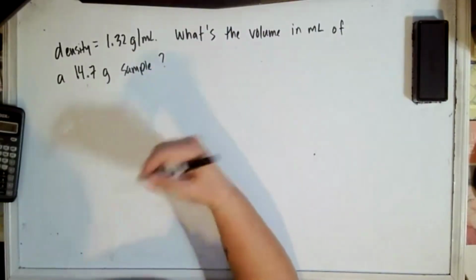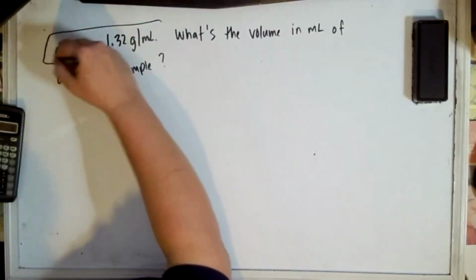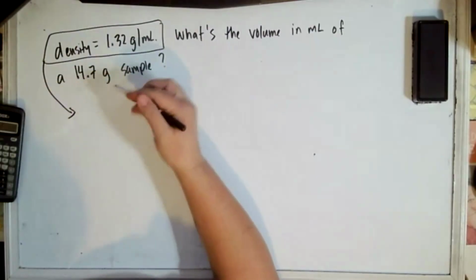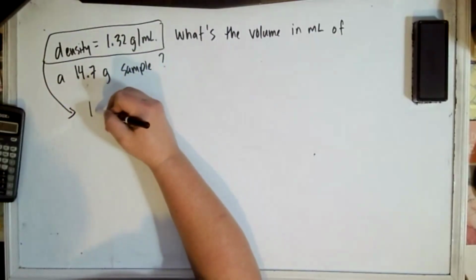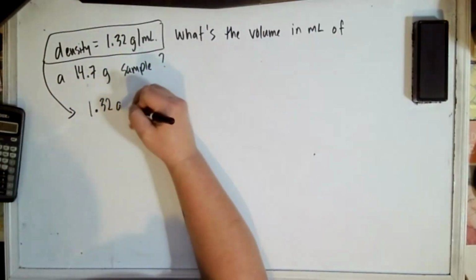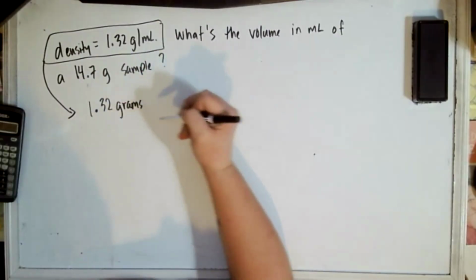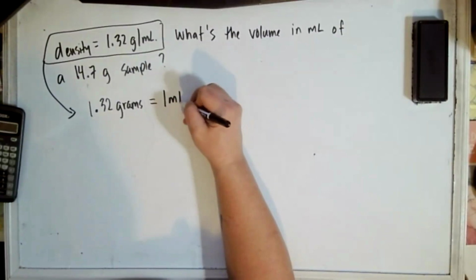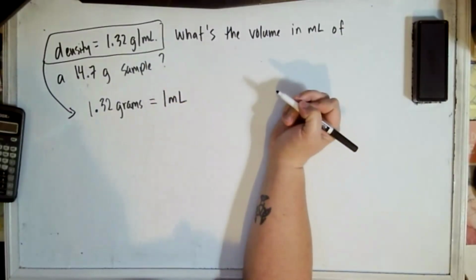You can also use density like a conversion factor and write out the equality that every 1.32 grams of this liquid is going to occupy 1 milliliter of space.